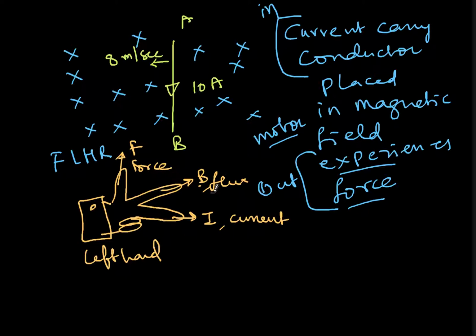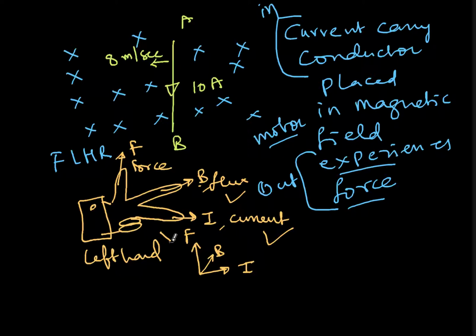Now the current is known and the flux is known. So now I want to determine what is the force acting on this. If you can imagine, here the current is going downwards and here the current is going this way. So if I reorient my left hand in such a way that the current is vertically down, right now F is up, B is into the board and I is to the right side.